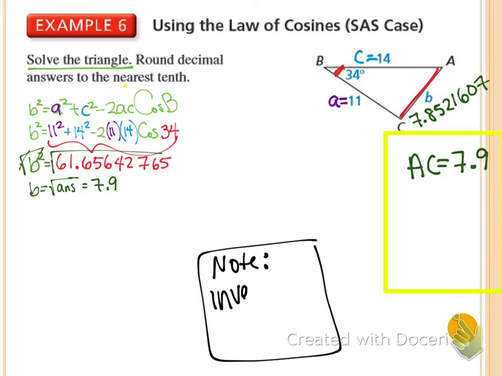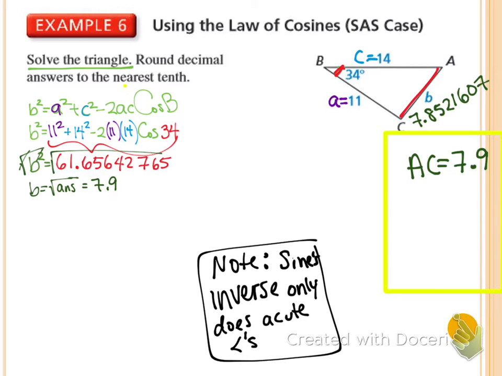The inverse, or sines inverse, I guess would be the best way to say it. Sines inverse only does acute angles.